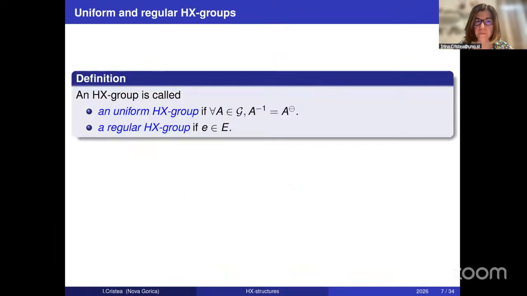Then immediately we can distinguish between two types of HX groups. The ones called uniform HX groups, where the inverse of any element in the HX group is equal to the set of inverses in the group contained in A. And it is regular if the identity of the initial group G belongs to the neutral element of the HX group.